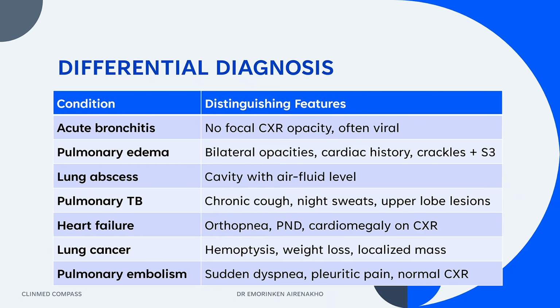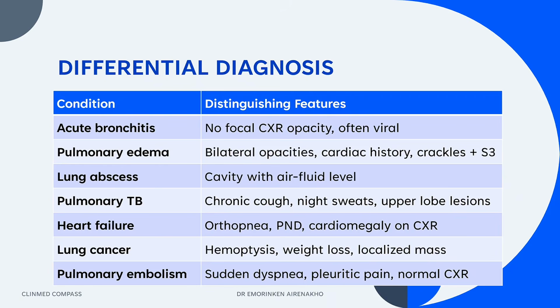They have bilateral opacities, what we call the bat wing opacities. They may have a cardiac history and an S3 gallop. Lung abscess is a cavity with an air fluid level. Tuberculosis, chronic cough, night sweat, and may have upper lobe lesions.